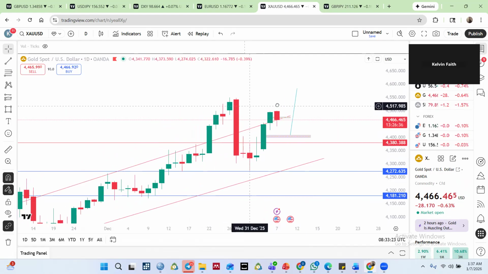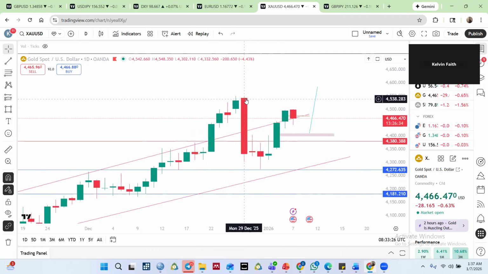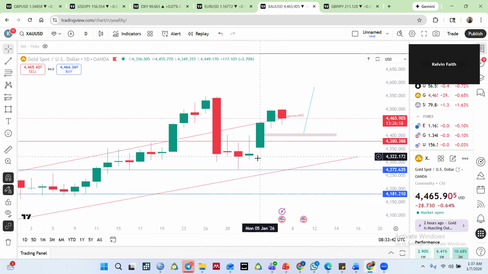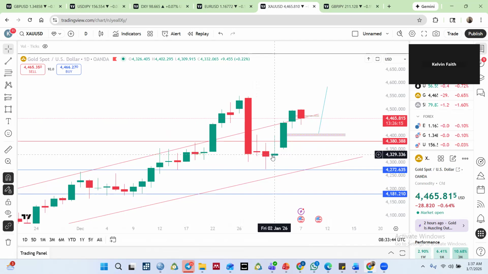Also, if we look at this bearish candle that brought price down, it's very big. It could be a manipulation or a retest candle, but it had an imbalance. We had the low of this candle and then the high of this candle. Price didn't have the chance to tap into this imbalance to drop.